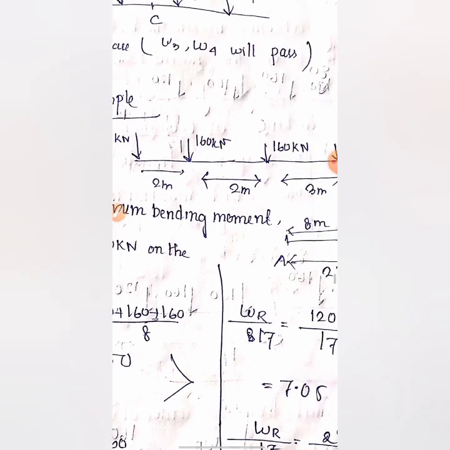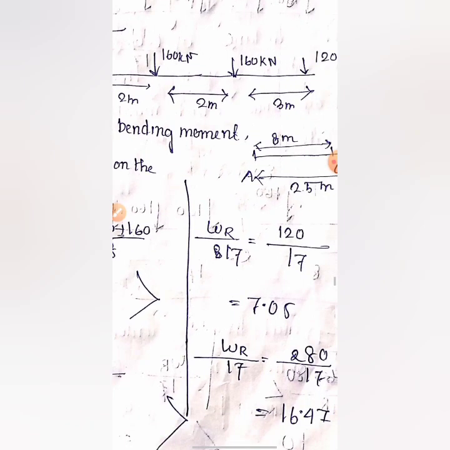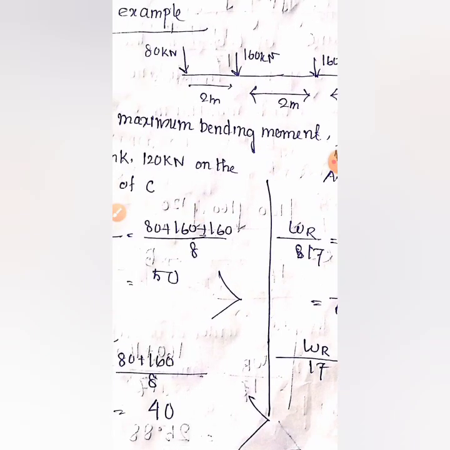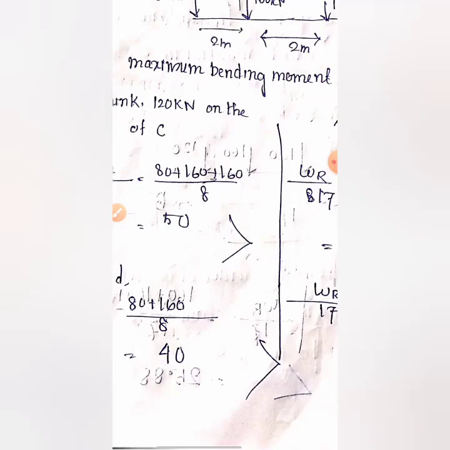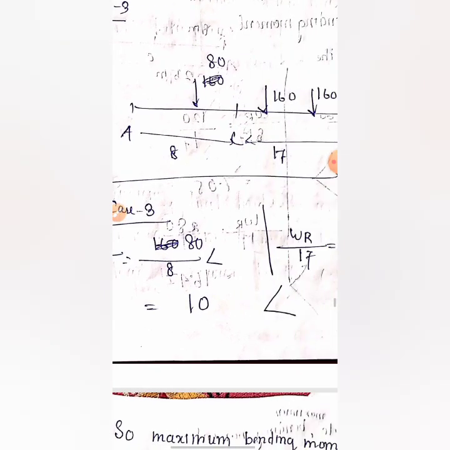Next step, this 160 kilonewton will be passed over the section C, right? If we pass this 160 kilonewton over section C, in the left portion only one load will be there, 80 kilonewton. I have shown the calculation right here: WL by 8 is 10 coming, and in the right portion there are three loads, 160, 160 and 120.